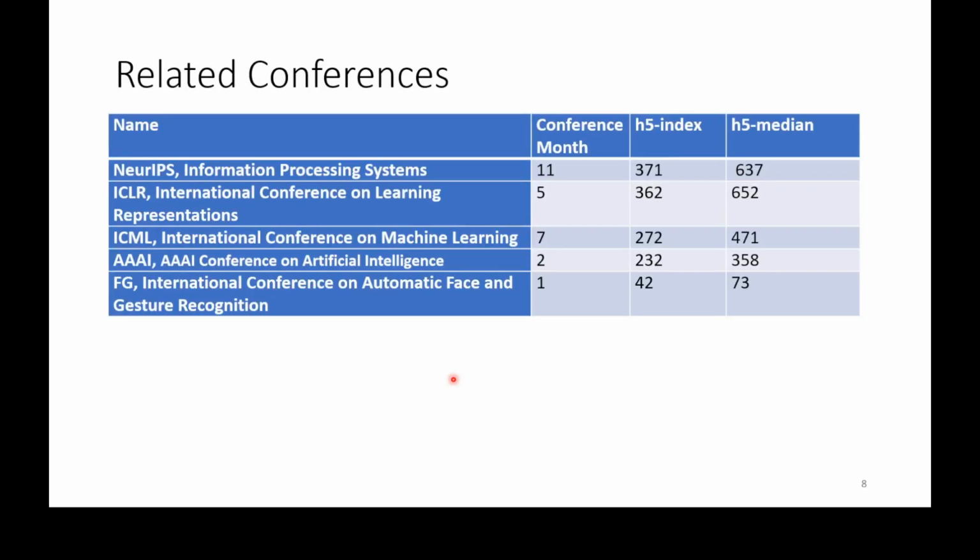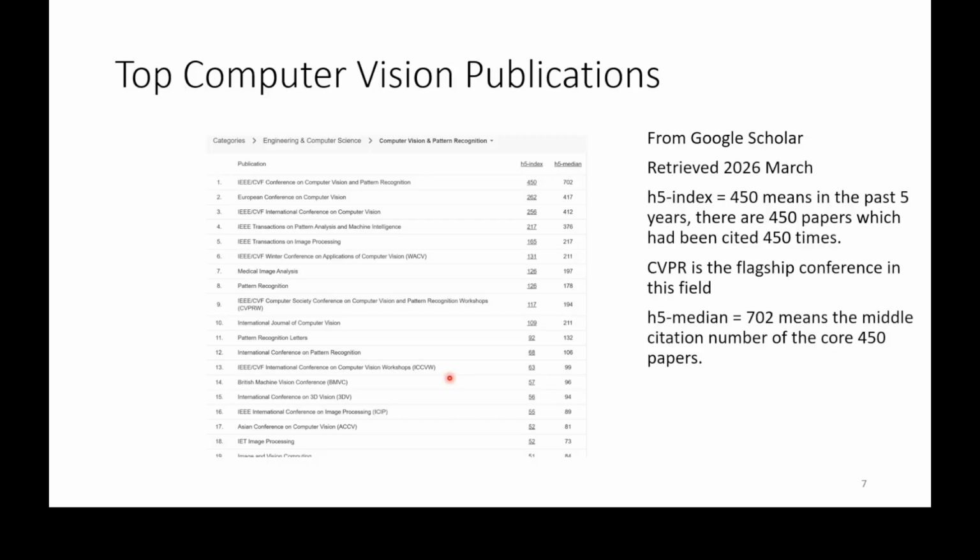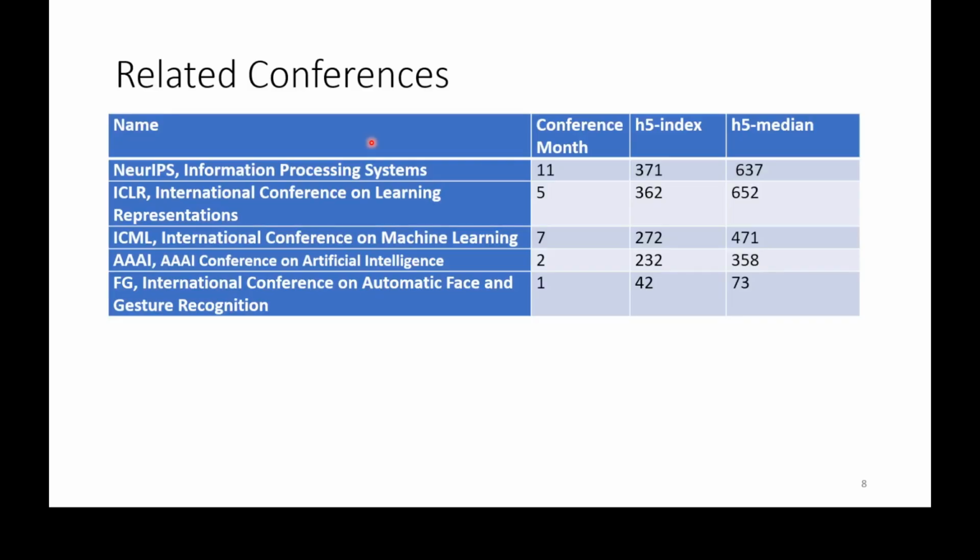Take a look at this category. This is the computer vision and pattern recognition category. Some papers are highly related to computer vision but don't belong to this category. They are NeurIPS, a conference focusing on neural networks, and ICLR, the International Conference on Learning Representations.